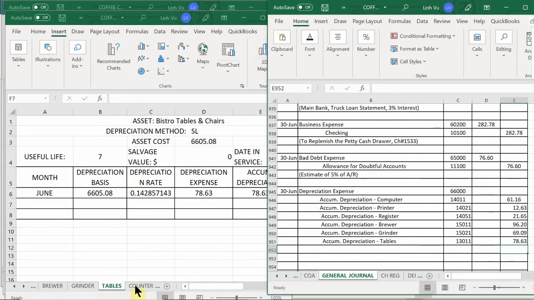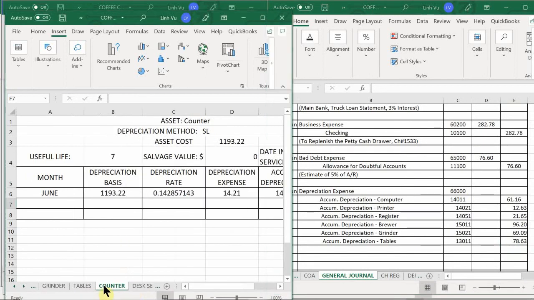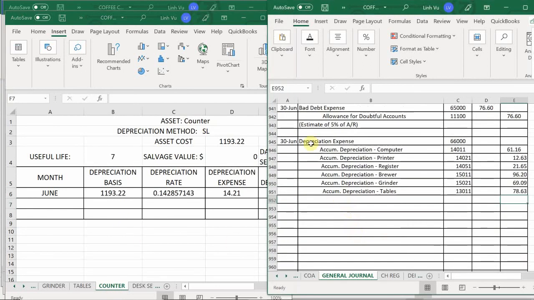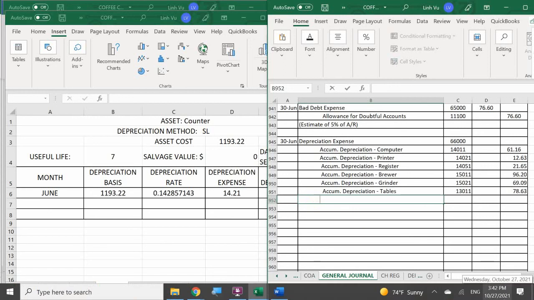Now for the desk, you have 13.31. Hold on, we're going to do our counter first. Oh, the counter first. The counter is 13.21. Combination counter.